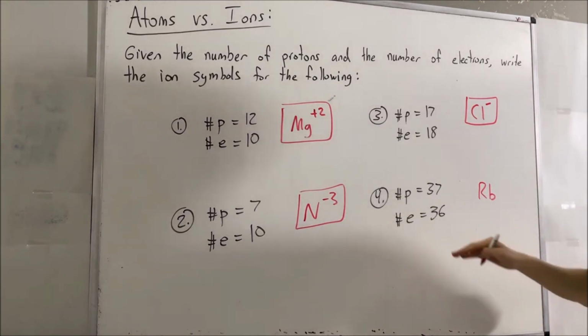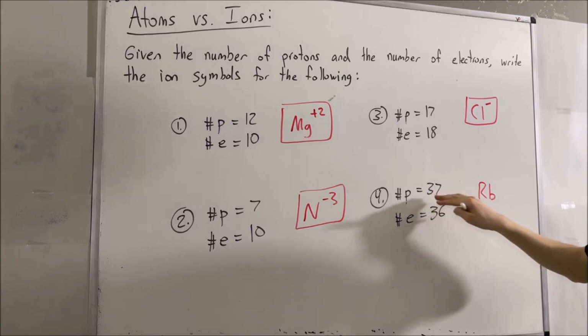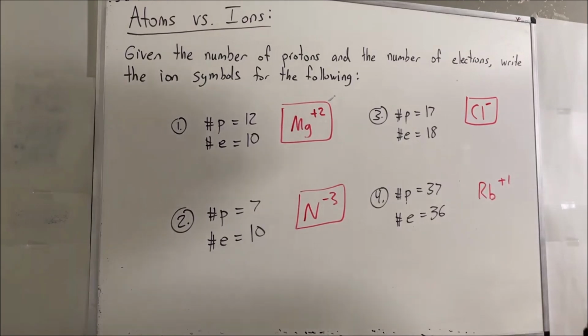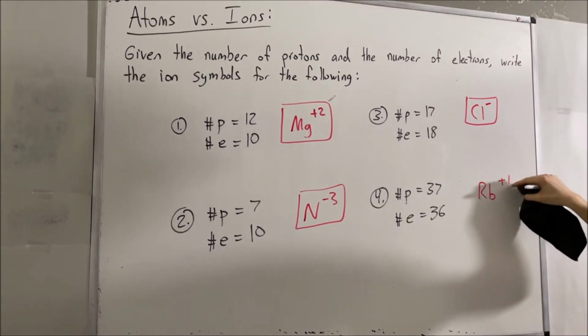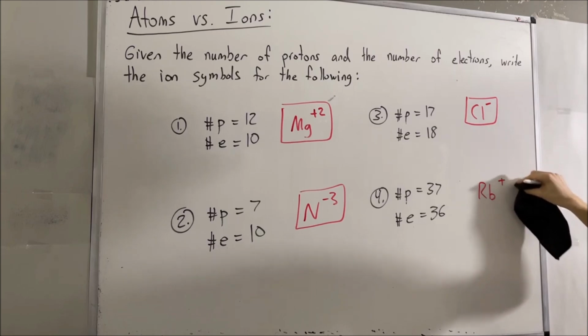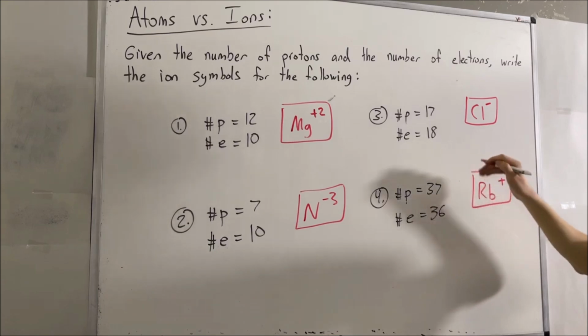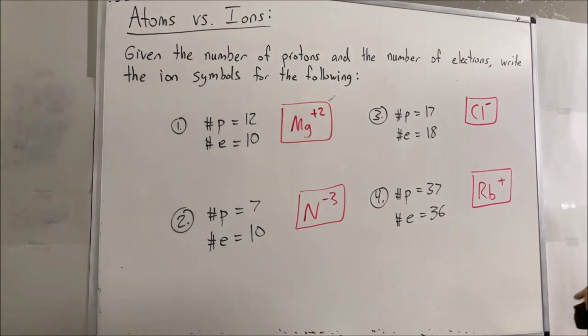To get the charge, all we do is the number of protons minus the number of electrons. That's just 37 minus 36, which is +1. Again, when writing ion symbols, you're often not going to see the number 1, so I'm just going to get rid of it. And so this right here would be our ion symbol. That's pretty much it for these problems. Let's just look at a few other problems.